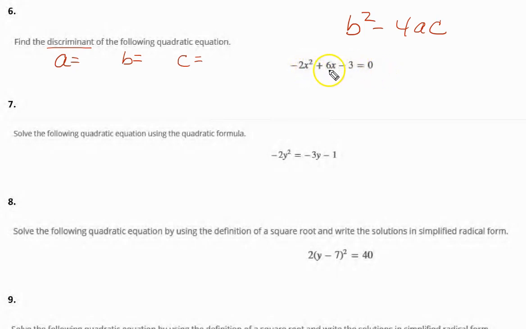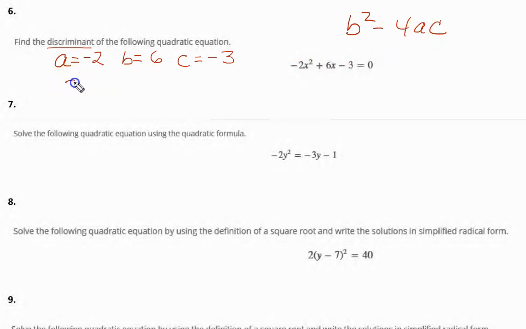So to find the discriminant, we have to define what is our A term here. Well, our A term here is a negative 2. Our B term is 6. Our C term is a negative 3. So take a moment now and find what the discriminant is by substituting.